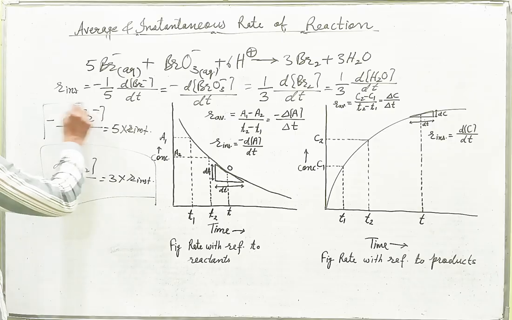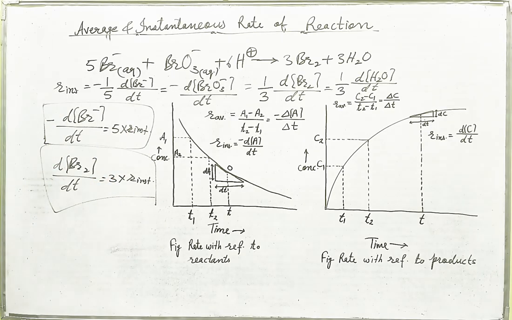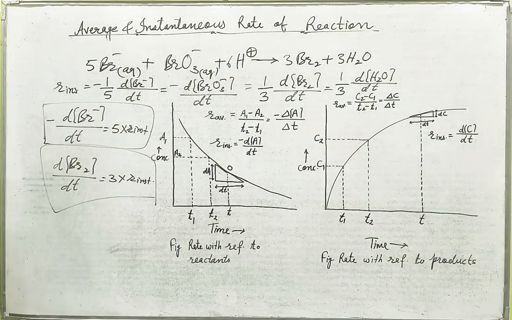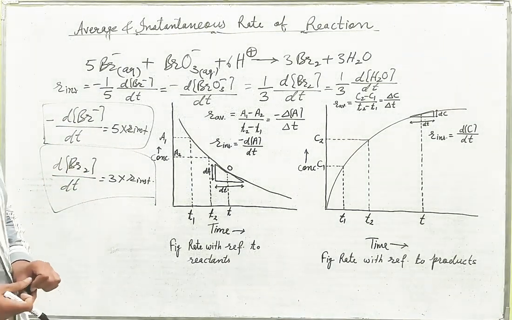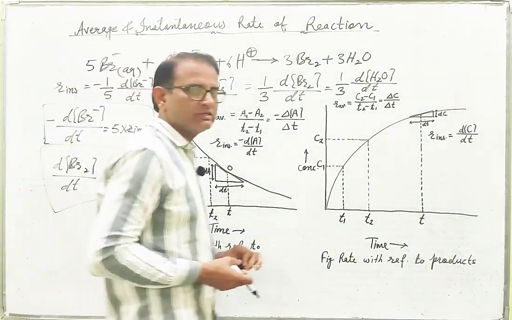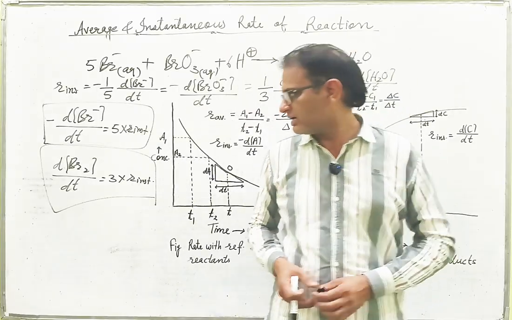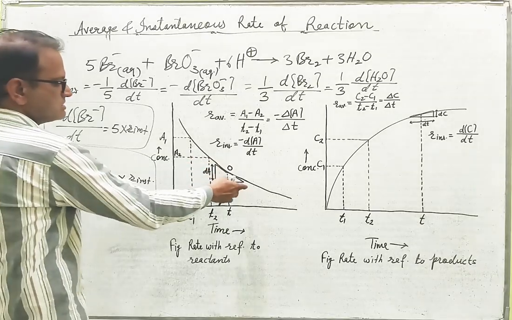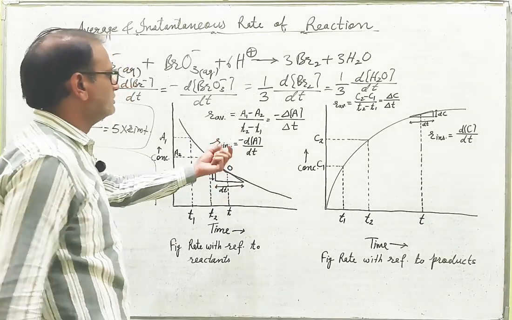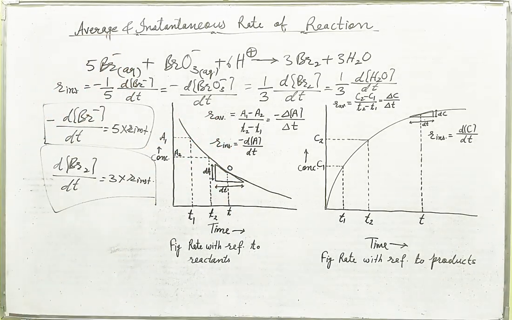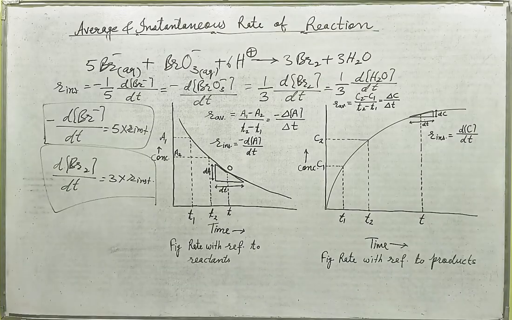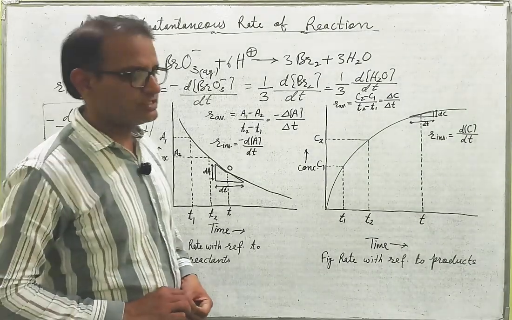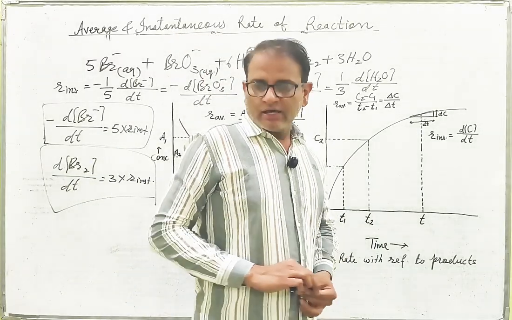So this is how we can calculate the instantaneous rate of disappearance of bromide ion and appearance of bromine from the stoichiometry of that reaction. If we are given these values, we can easily calculate either R average or R instantaneous. So this is what the average and instantaneous rate of a reaction is.